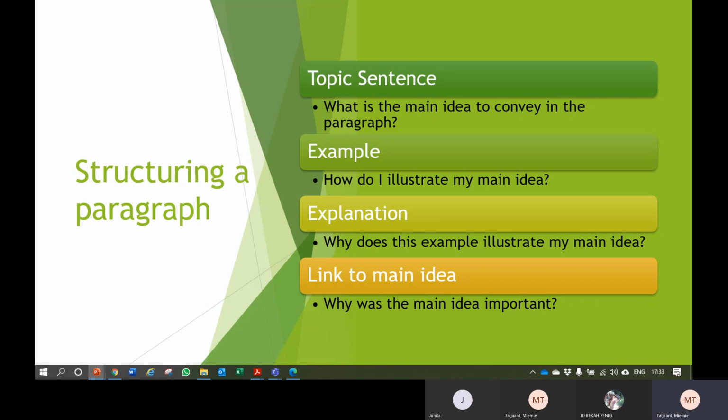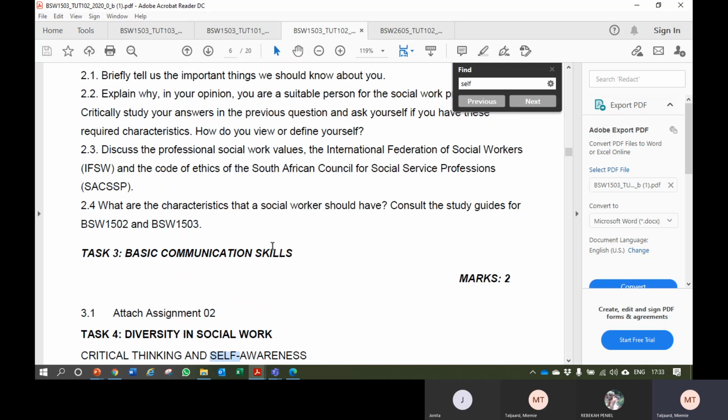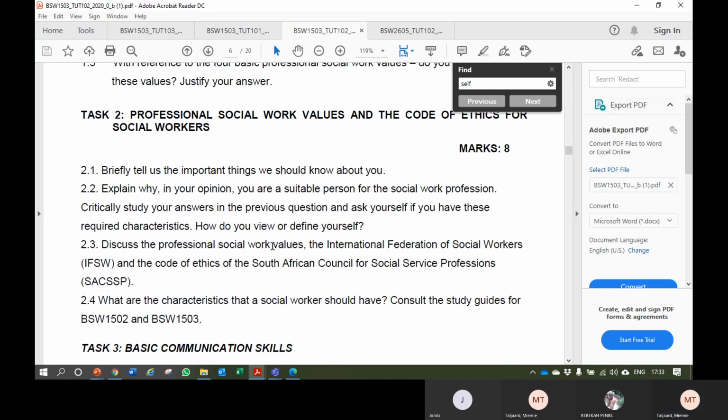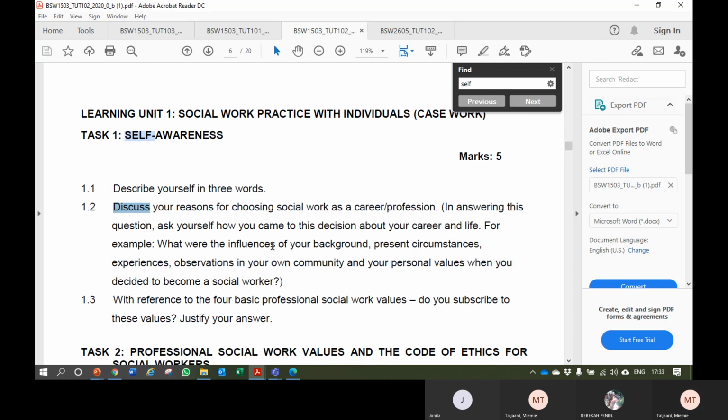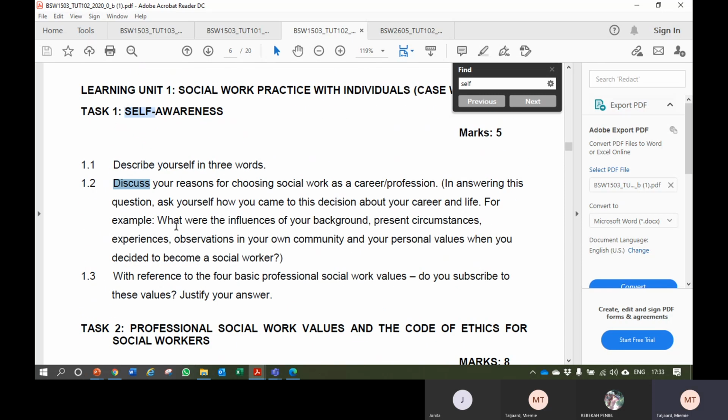In the example I have given, I've only had one example, but if you go back to this example here, let's take this one. Describe yourself in 3 words.